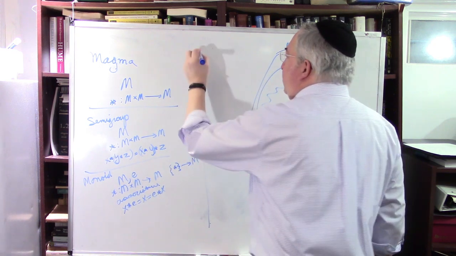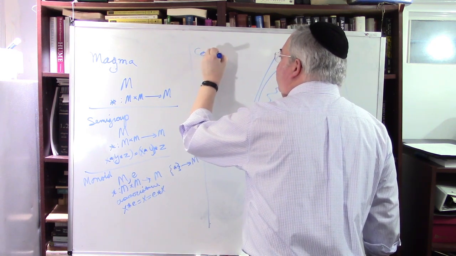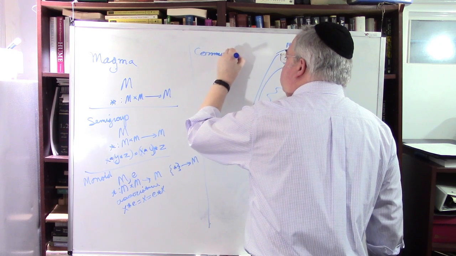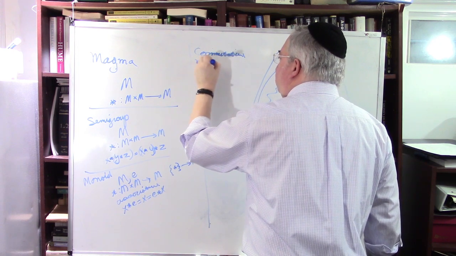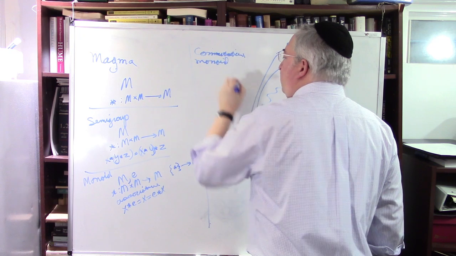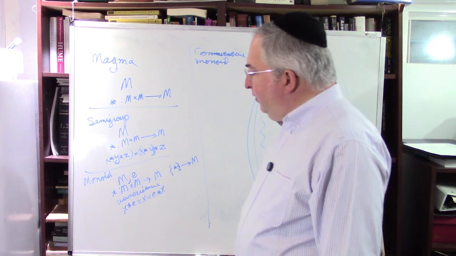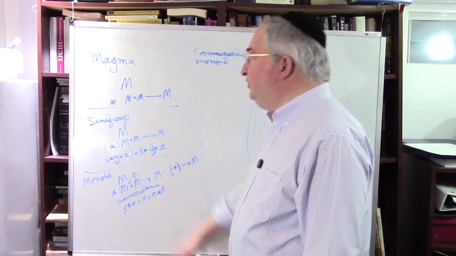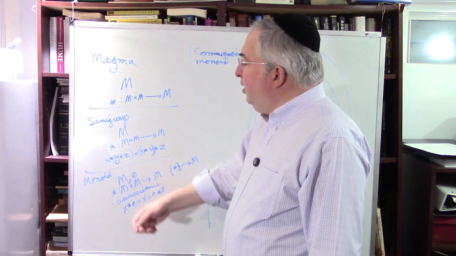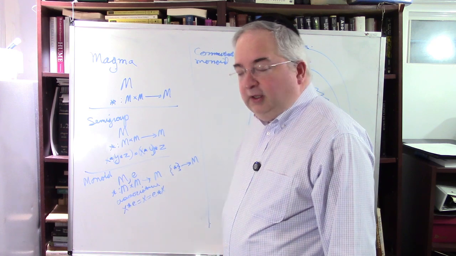Let's talk about this. Now we're going to talk about a commutative monoid. Okay, a commutative monoid. So what's a commutative monoid? It's a monoid, which is a semigroup, which is a magma, but it has an extra element, E, okay?